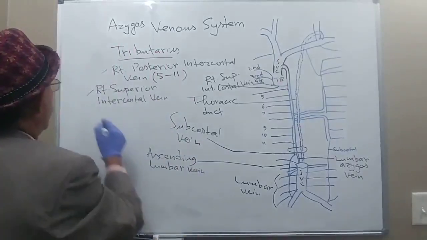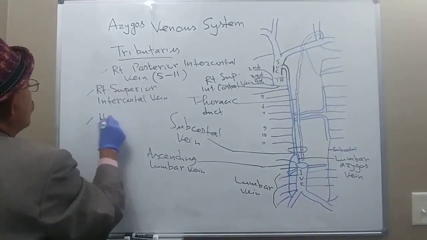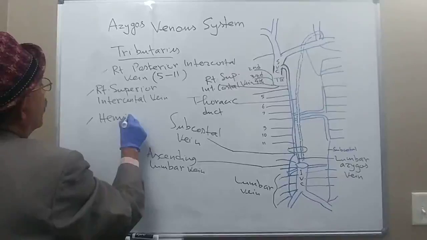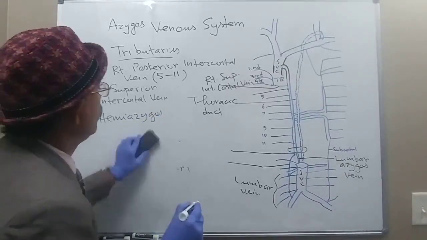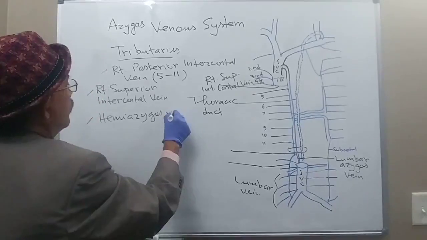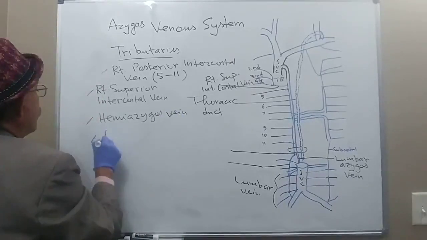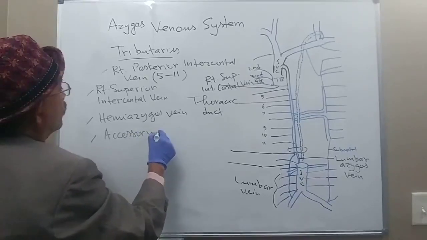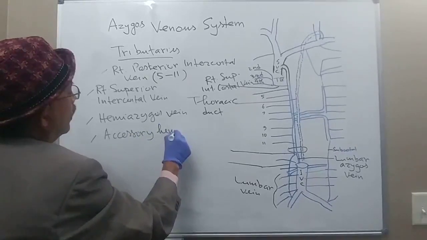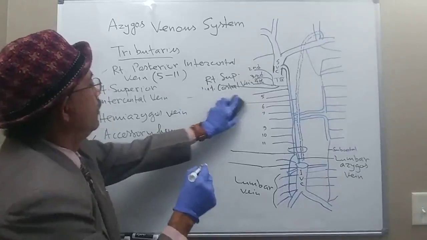Then we must add the hemiazygos vein and the accessory hemiazygos vein.